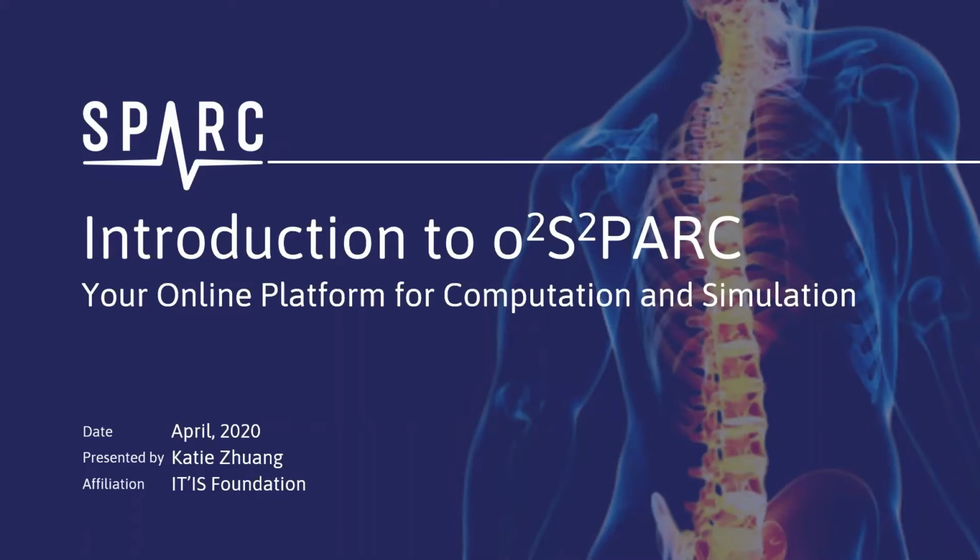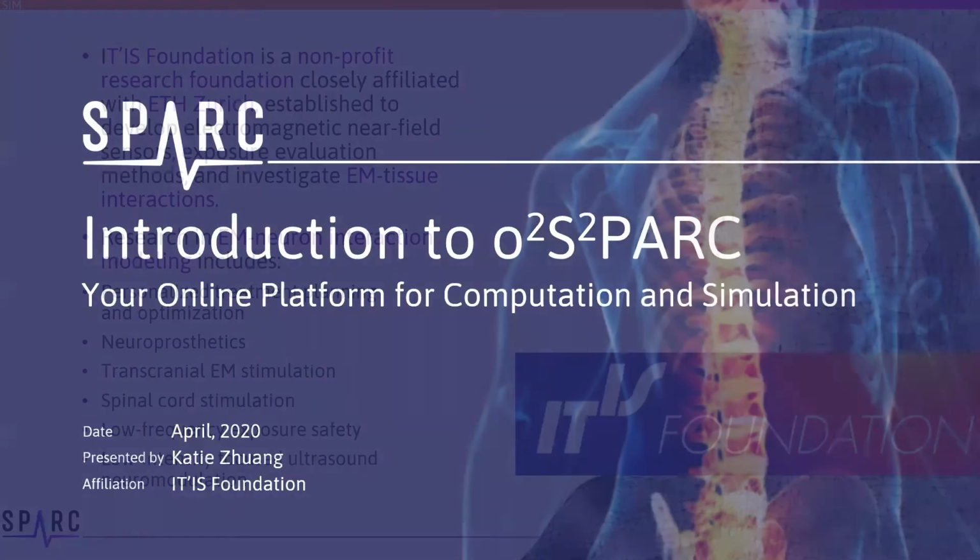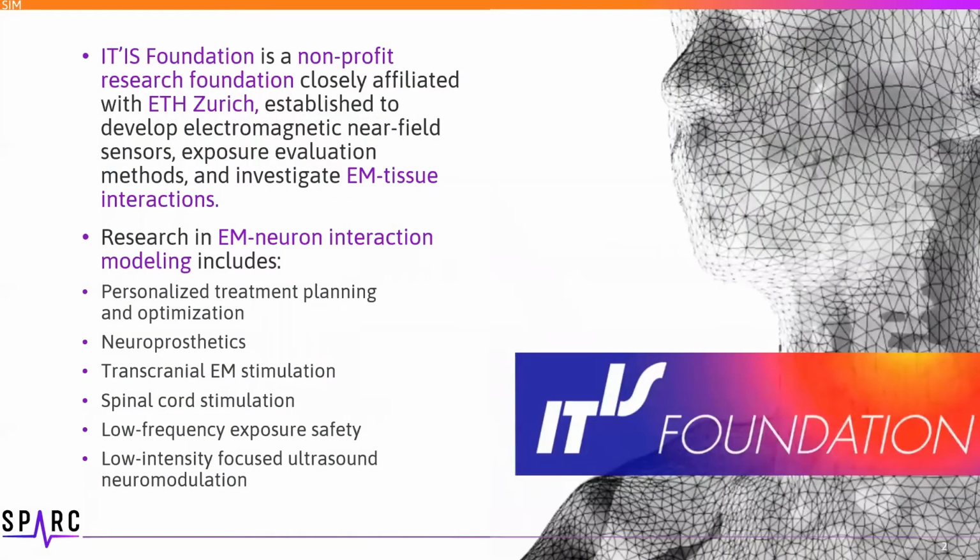Just to start off, I'll briefly introduce us, the ETIS Foundation. We are a nonprofit research foundation that's closely affiliated with ETH Zurich, the university, and we were established originally to develop electromagnetic near-field sensors, exposure evaluation methods, and investigate the interaction between EM fields and tissues.